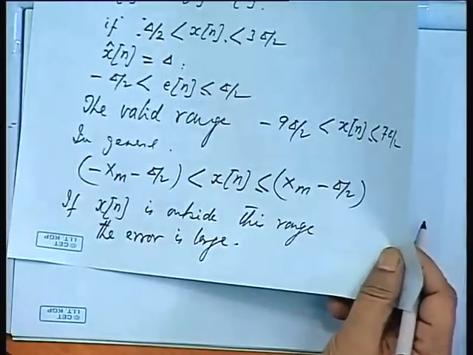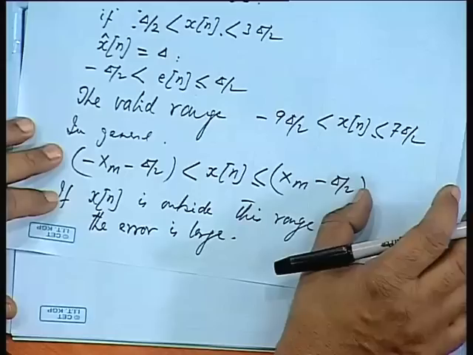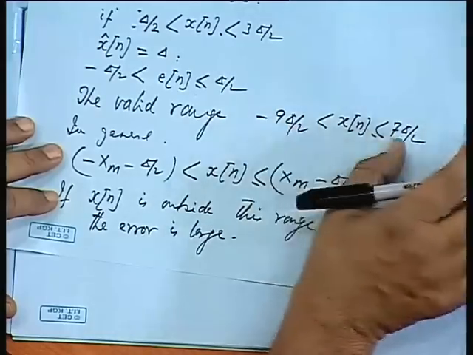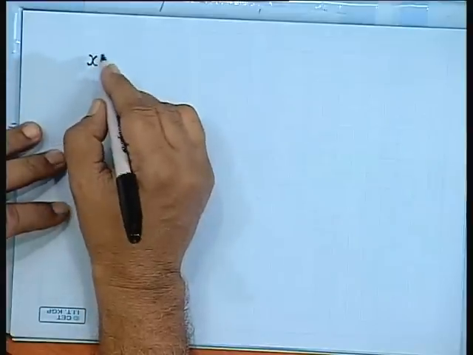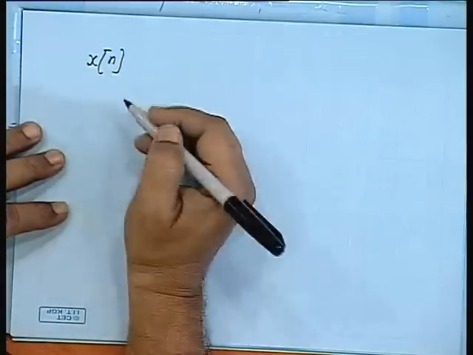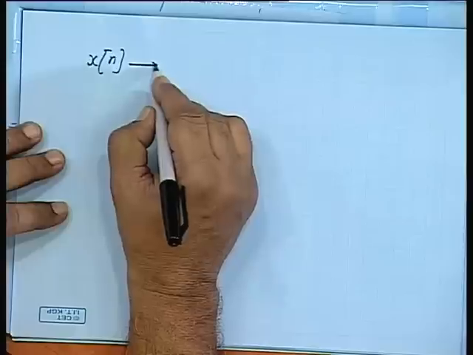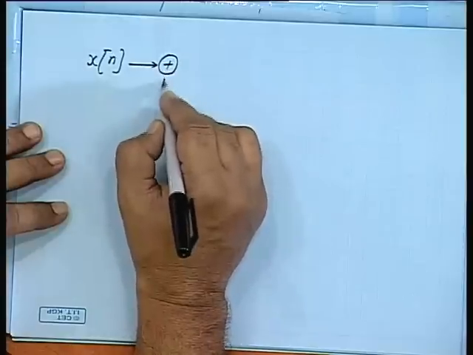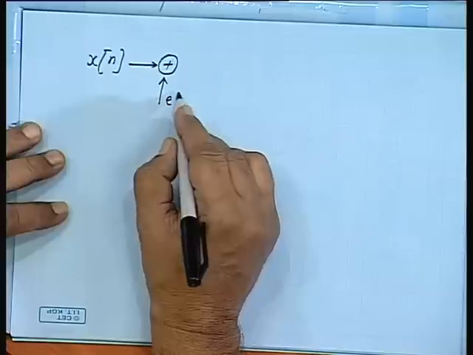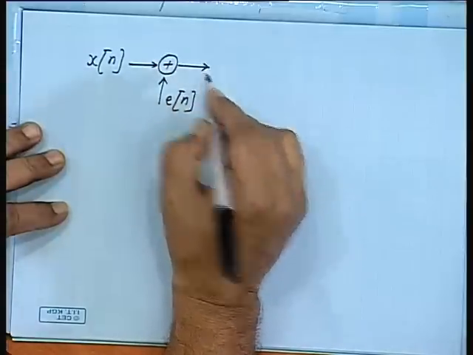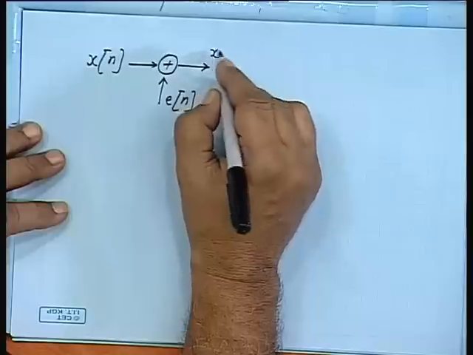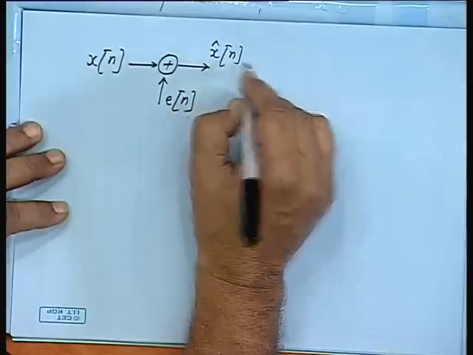So, if you quantize and if you restrict your value of xn within this limit, then we can have a linear model for error. Additive noise can be representing the error. Okay.